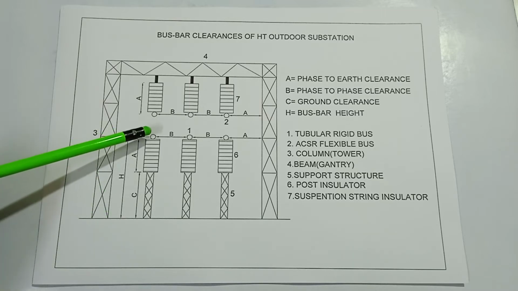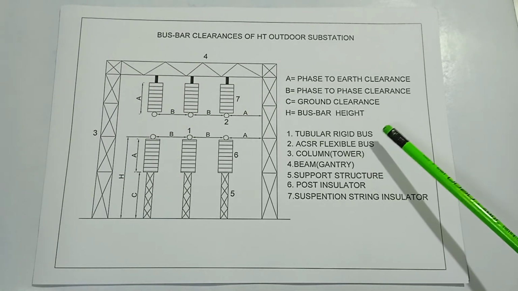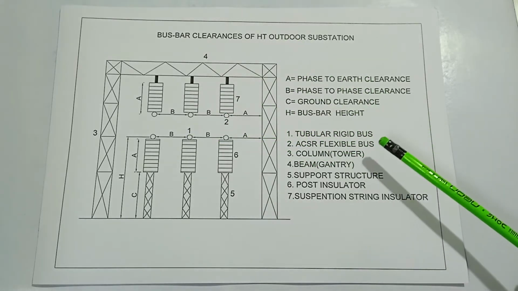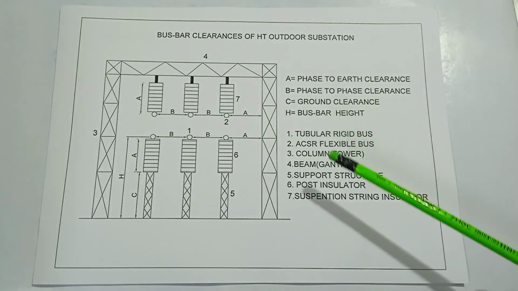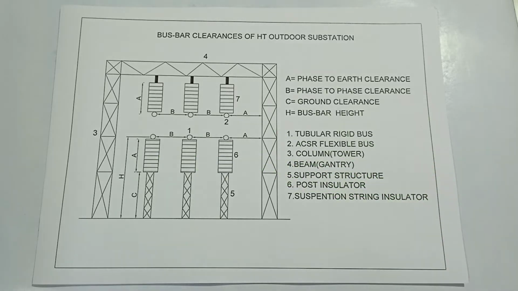This is the tubular busbar. This is the busbar height H. One, tubular rigid busbar. Two, ACSR flexible bus. Three, column or tower.